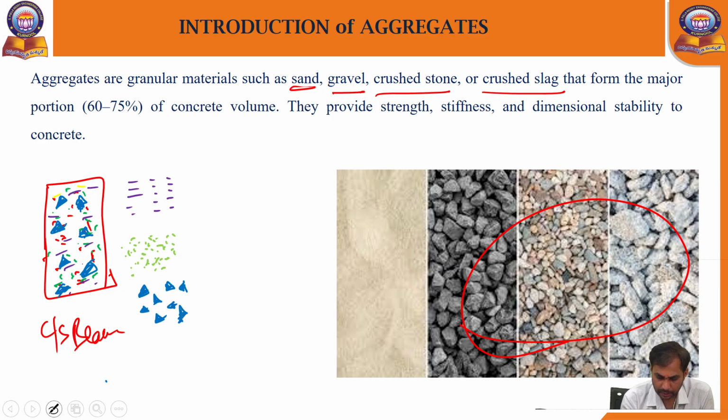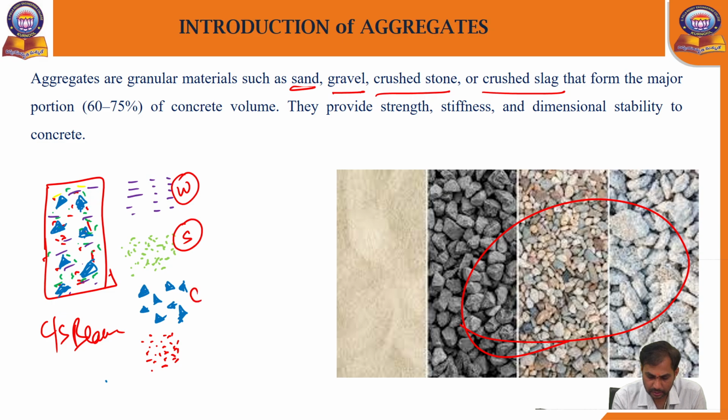Next, this is cement. Now you see, this is water, this is sand, this is coarse aggregate, and this is cement.